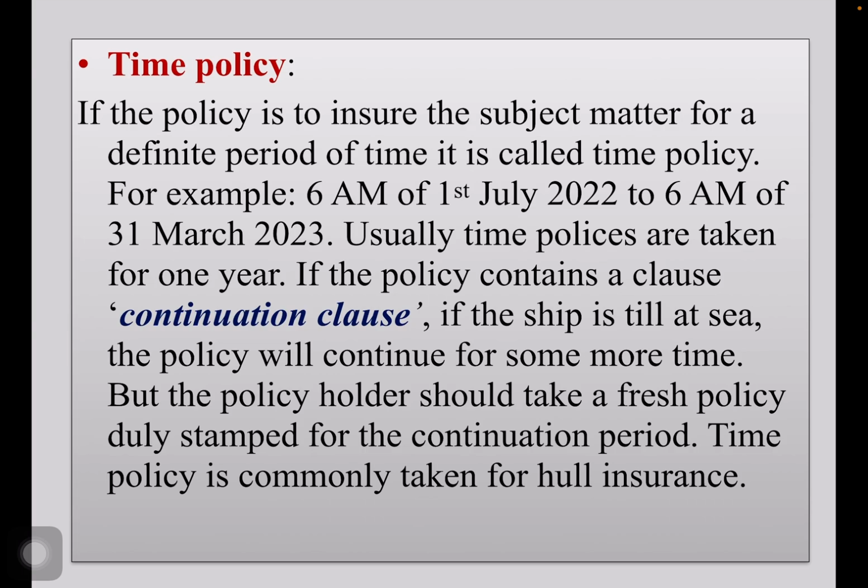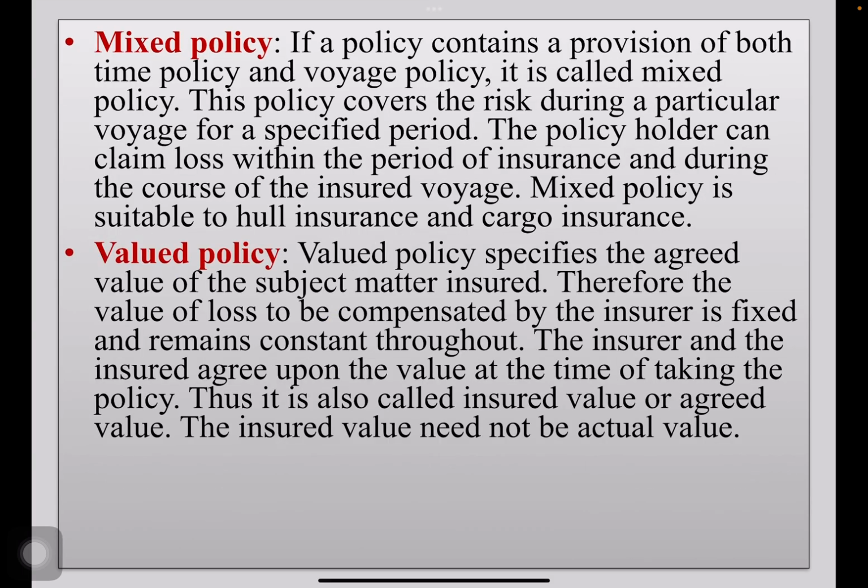Usually, time policies are taken for 1 year. If the policy contains a continuation clause, and the ship is still at sea, the policy will continue for some more time. But the policy holder should take a fresh policy duly stamped for the continuation period. Time policy is commonly taken for hull insurance.